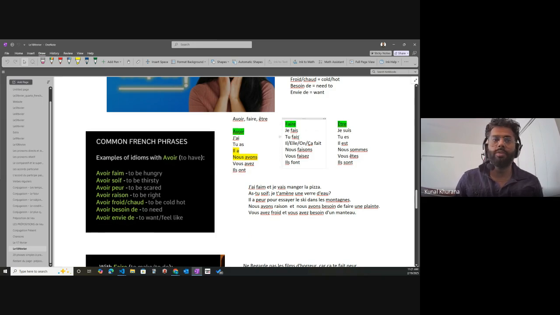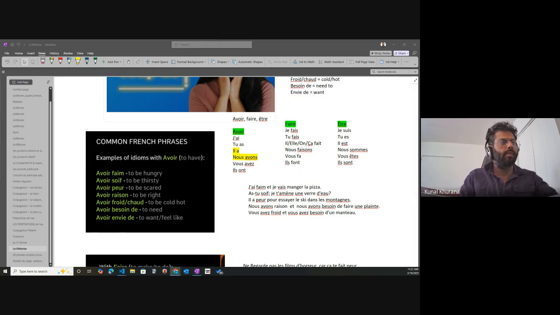Faire, conjugation: je fais, tu fais, il fait, nous faisons, vous faites, pardon, I was mistaken here. It's vous faites, ils font. And then être: je suis, tu es, il est, nous sommes, vous êtes, ils sont. So that's the conjugation of these verbs.